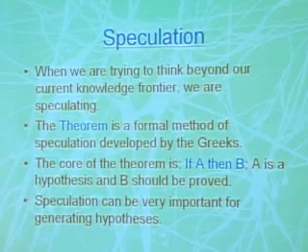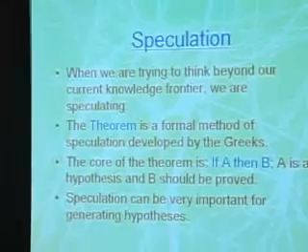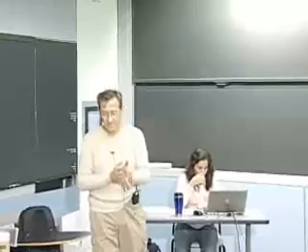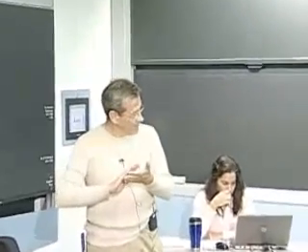They organized a method for speculating: if A, then B. And they created a method for proving B. So all the conversation among them was organized in this form. It was very important because it made possible the development of mathematics during the period of the Greeks, and philosophy too.